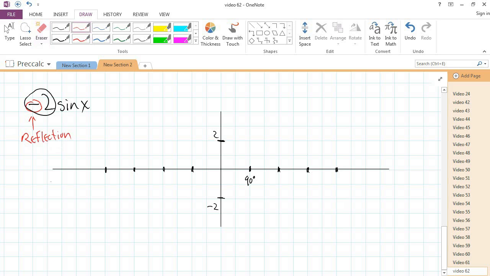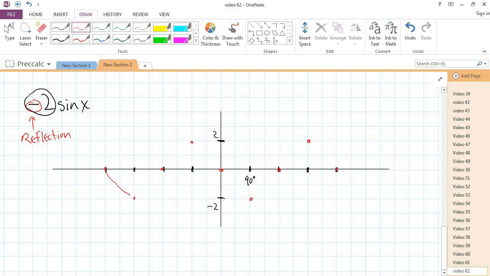What this means in terms of the sine dance is if it's a negative out in front, you exchange all of the highs and the lows in your sine dance. So instead of middle up, I'm going to go middle down, middle up, middle. So I'm exchanging all of my high and low points.